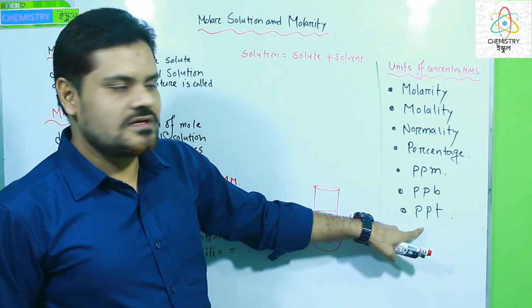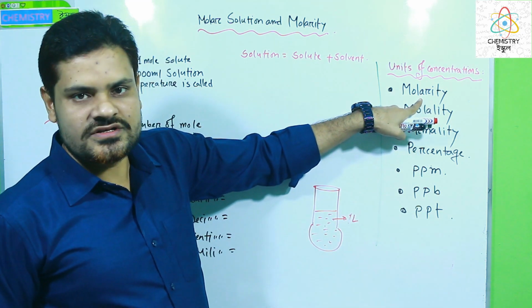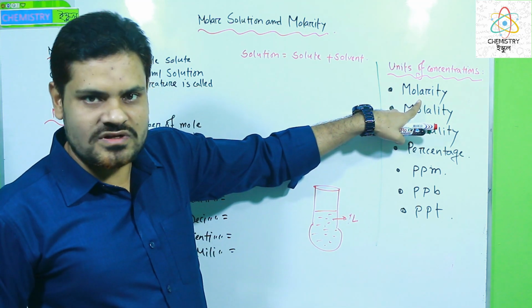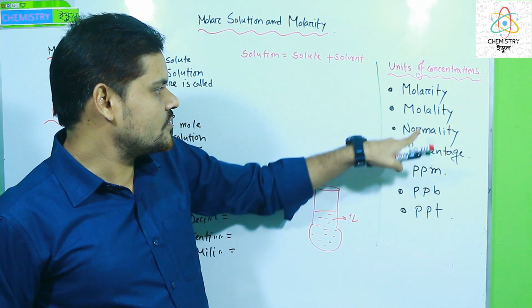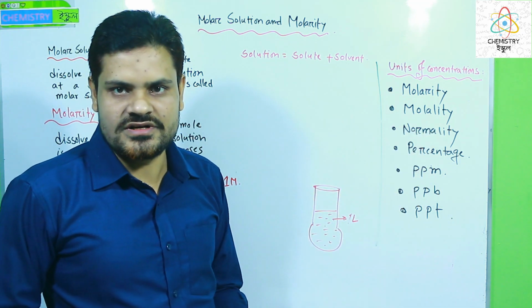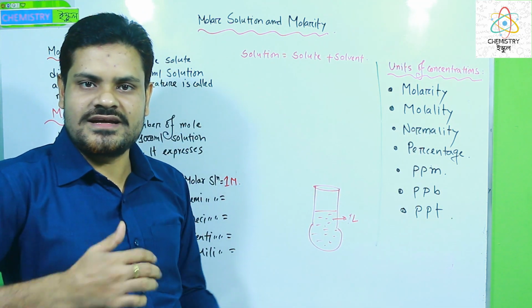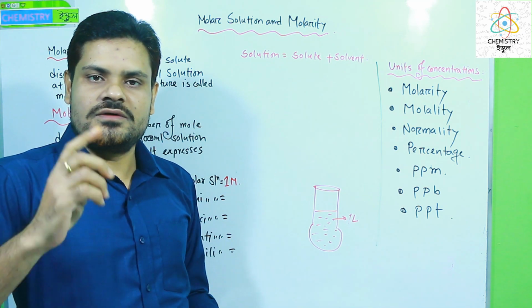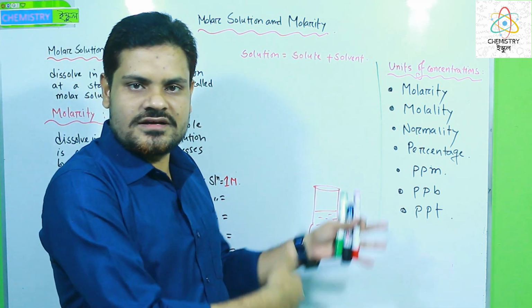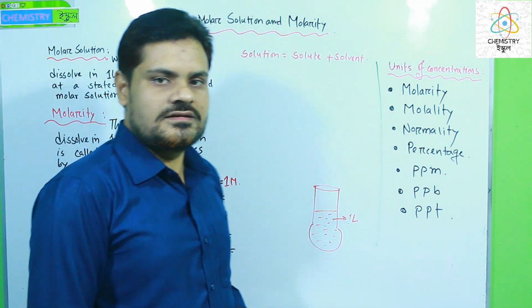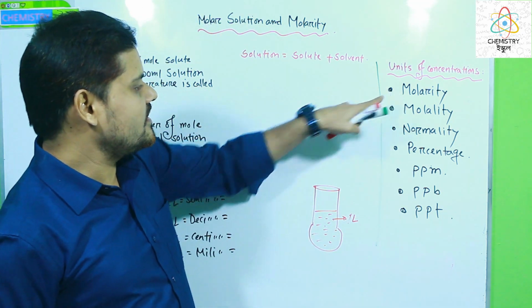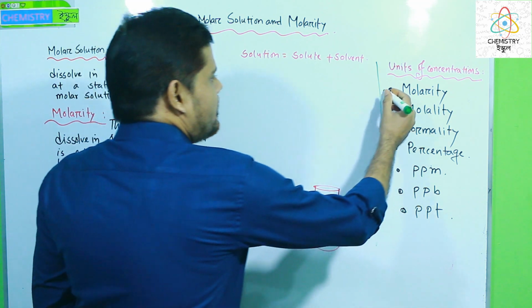Our target today is to discuss molarity. In the next videos we will discuss molality and normality also, and accordingly you can get different videos regarding these units of concentration. Dear learners, molarity is our target today.